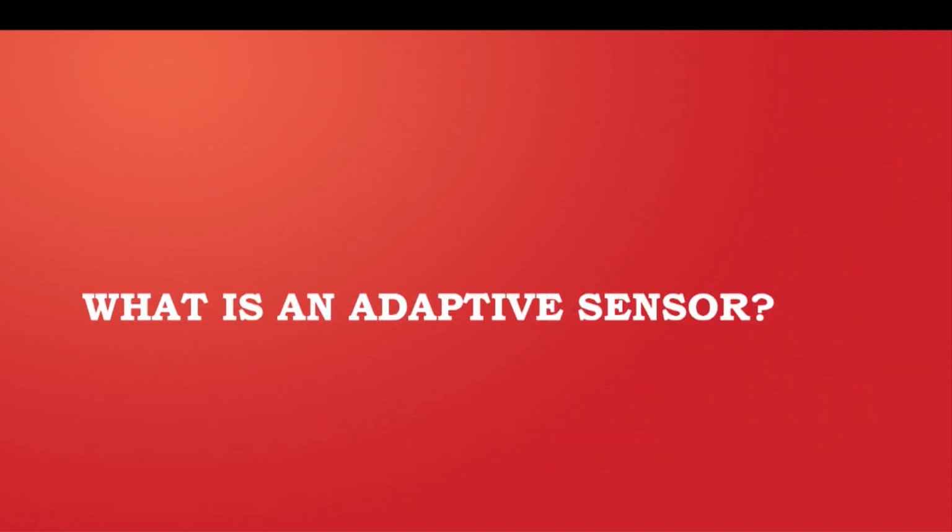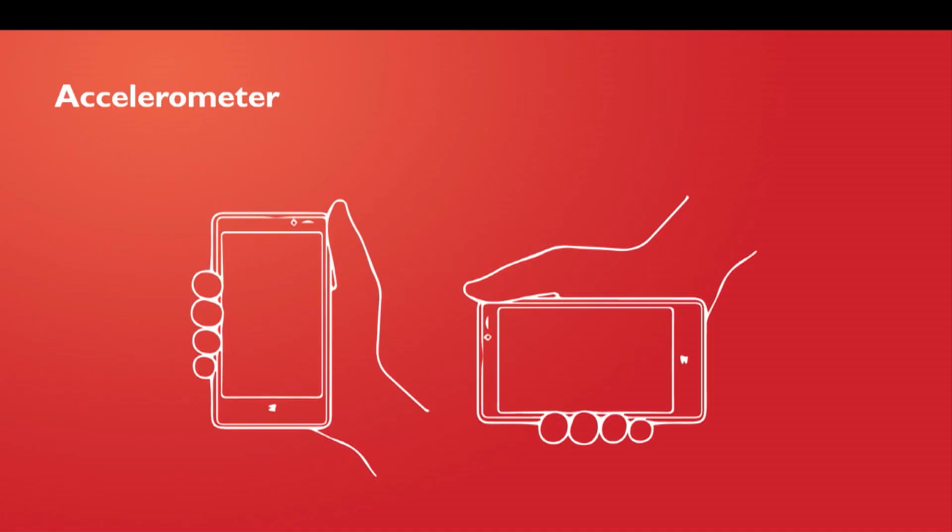So I talk about understanding the context using sensors. But what is an adaptive sensor? Of course, a sensor could be a classical sensor, like an accelerometer. An accelerometer is a sensor we have in our pockets, so you can tell if a person is holding the device on landscape or portrait.